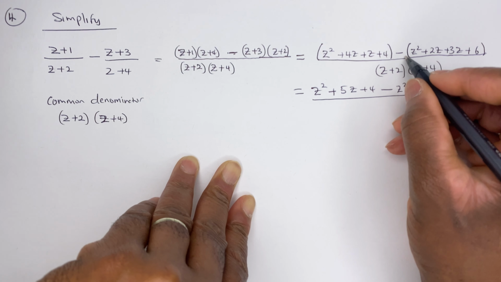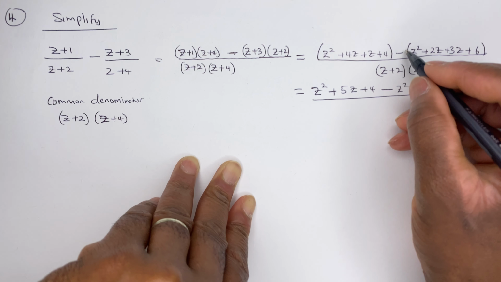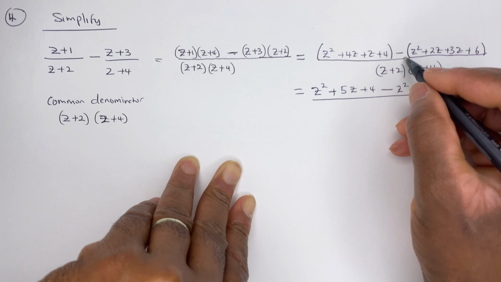Minus 1, if there's no number, it means there's 1, minus 1 times 6 is minus 6. Okay, over z plus 2, z plus 4. I am deliberately slowing down when I'm teaching because I want people to see it.